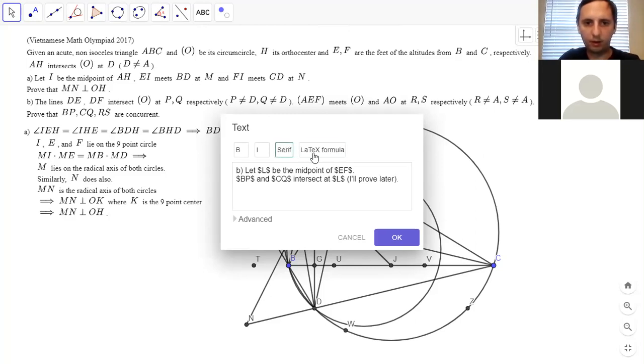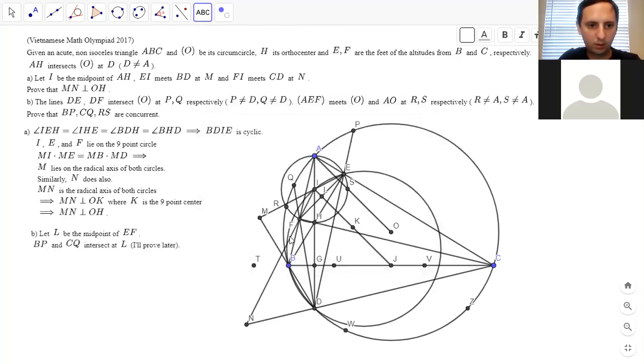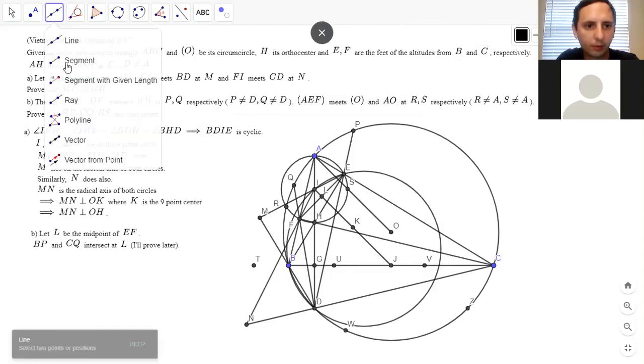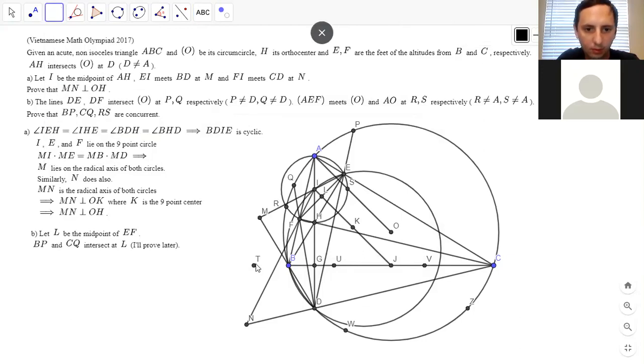And then let me draw in some of the extra segments. So we have to prove TD and W are collinear, of course. Are MT and N collinear?